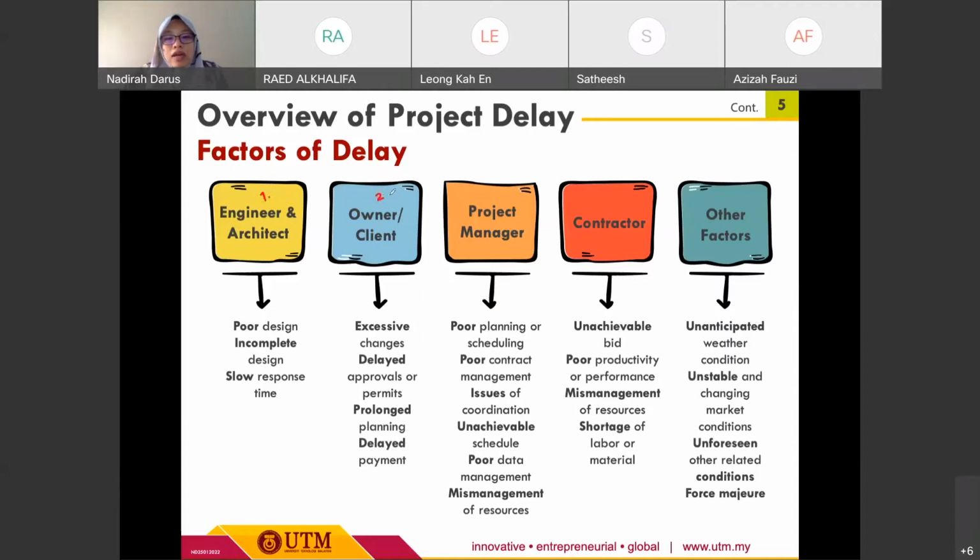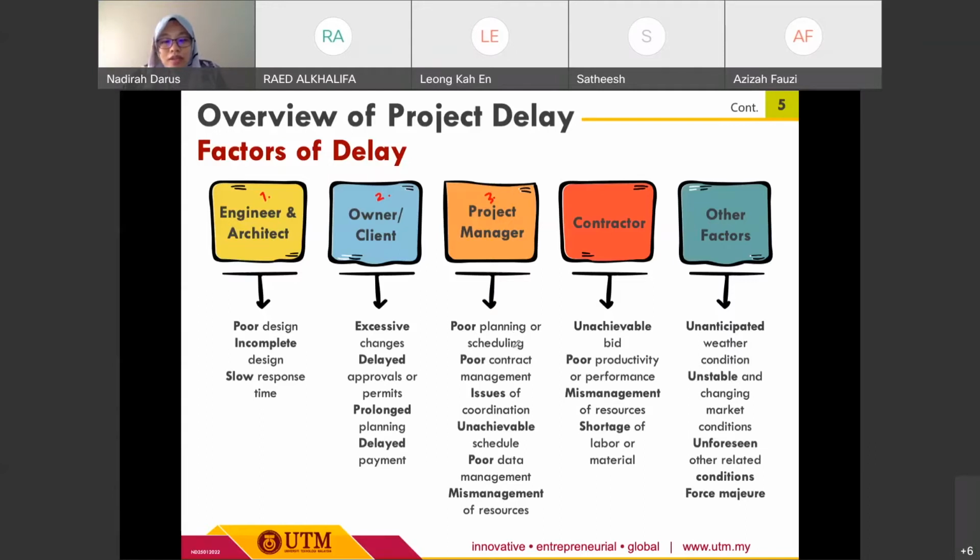Okay, then we have factors of delay due to the project manager itself, meaning in terms of the management of the project. Okay, some of the common factors due to the project managers relate to poor planning and scheduling.